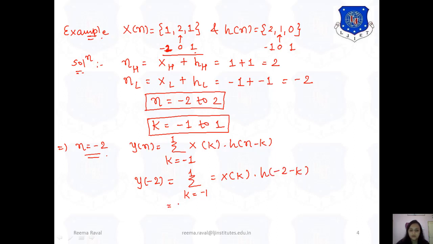Now let us vary the range. First we place k equals minus 1. So x of minus 1 into h of minus 2 minus minus 1, that means minus 2 plus 1, which gives you minus 1.